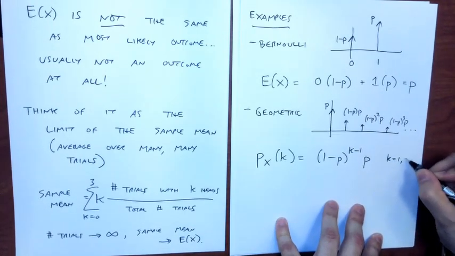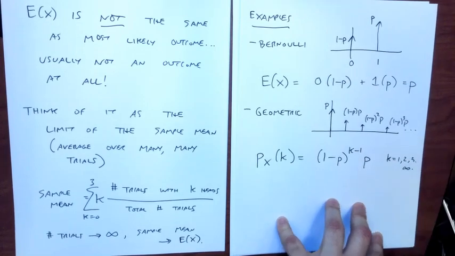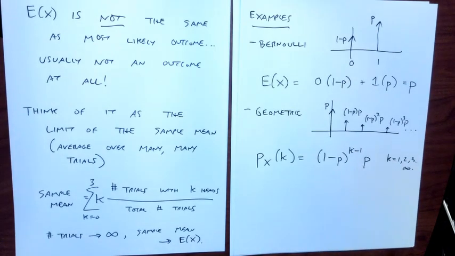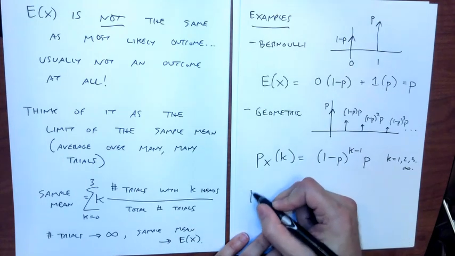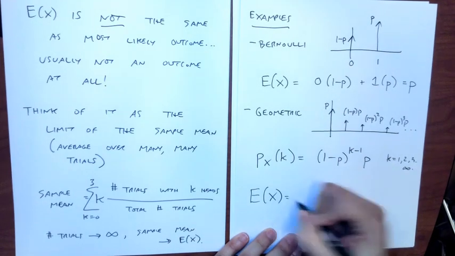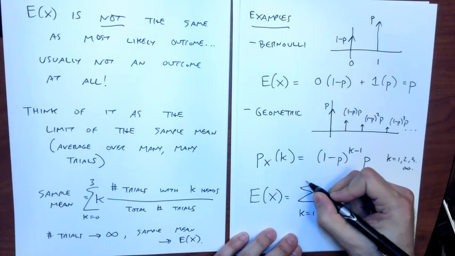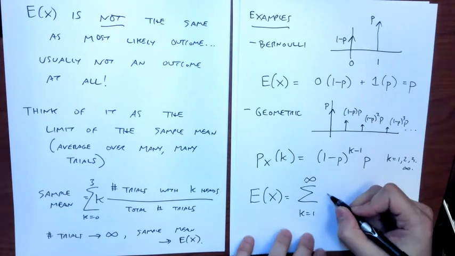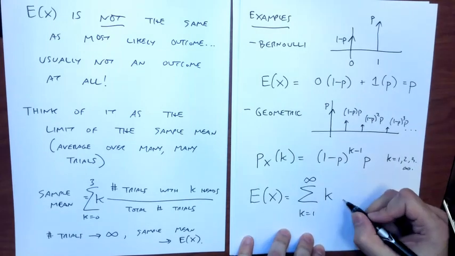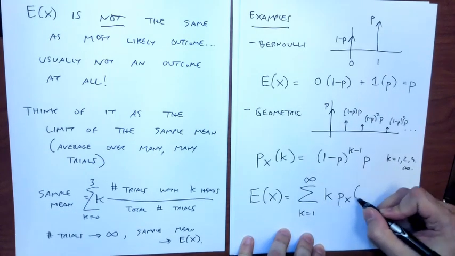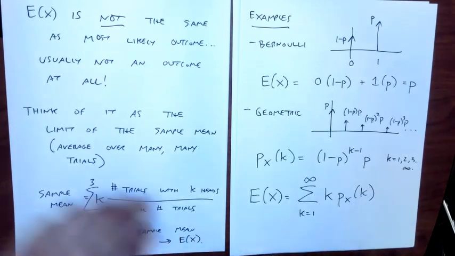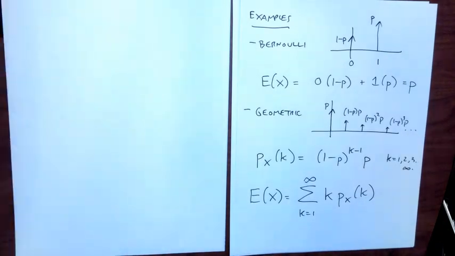The possible values are 1, 2, 3, off to infinity, right? Well, let's figure out what the expected value is. The expected value is going to be the sum over all of my possible outcomes of that outcome times the probability of getting that outcome. And now I'm going to plug in what I know about the PDF.